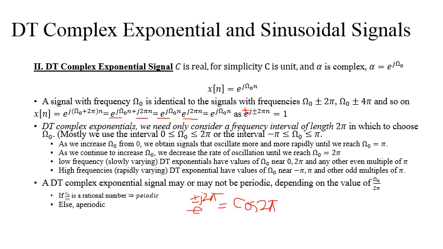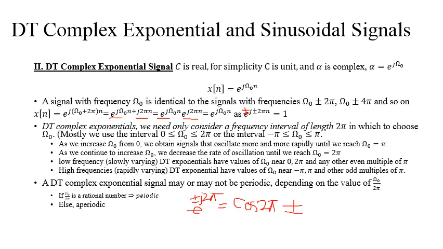That means cos of minus theta equals cos of theta, and sine of minus theta equals minus sine of theta, so sine is an odd function. It is not time, in fact, but the independent variable. If your independent variable is time, then it's an even or odd function of time.